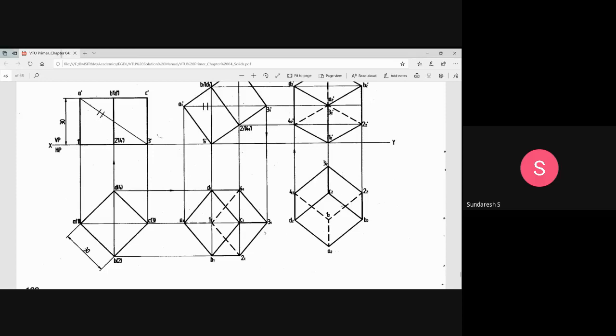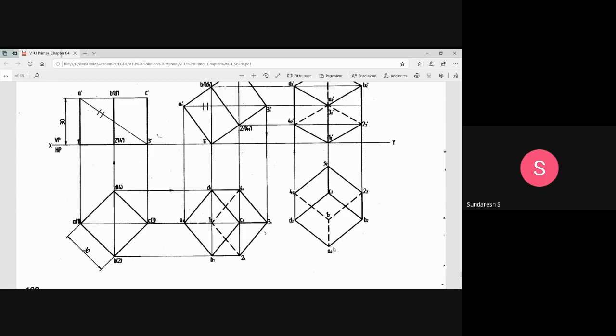In the third position, we have made that completely perpendicular to the XY line or VP, so that represents the solid diagonal being perpendicular to VP. The only thing you have to do is measure these distances A1 and 3-1. So draw a vertical line from the XY line, mark 3-1 and A1, and then correspondingly complete the second position top view over there.